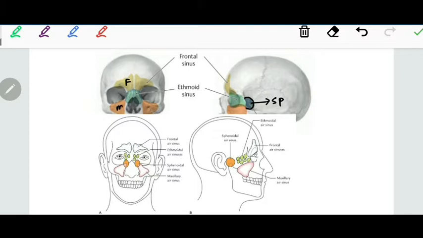Frontal, maxillary, ethmoidal and sphenoidal. So the orbit is acting as an important landmark to appreciate the location of the various paranasal sinuses.